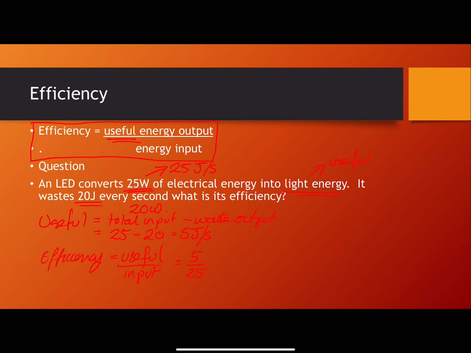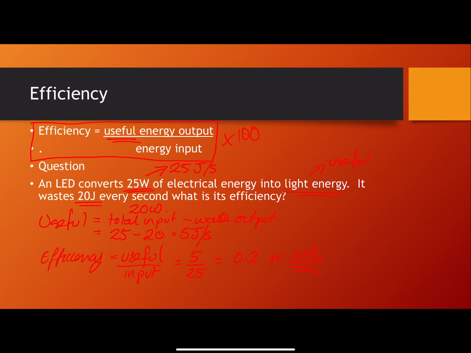This is called substitution. You're substituting the numbers in the correct place, and then you work out your answer. So it could be as a percentage. We can multiply by 100 up here if we want to get a percentage. Not that it matters. You can always write it as a fraction, and it's just as valid, unless of course you're asked for a percentage.